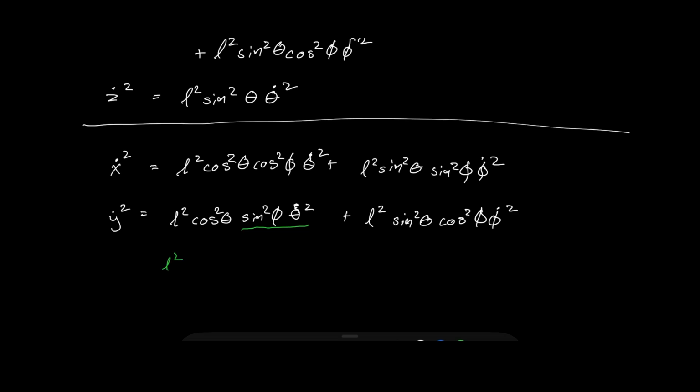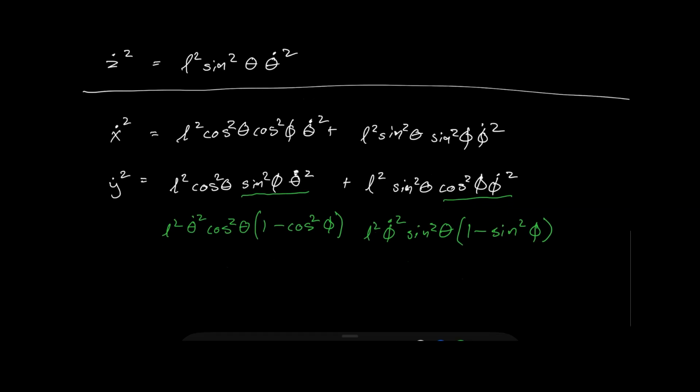So we get L squared theta dot squared, and then cosine squared theta, and then 1 minus cosine squared phi. And then we'll do the same thing. We'll turn these into sines, so then L squared phi dot squared sine squared theta, and then 1 minus sine squared phi. There we go.